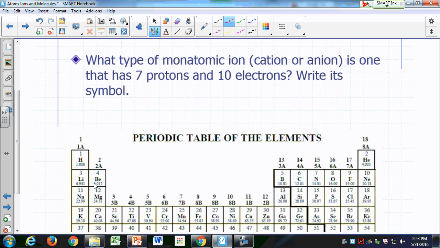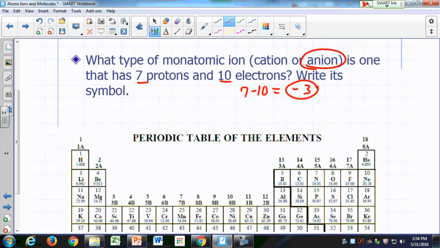So what type of monatomic ion is one that has 7 protons and 10 electrons? It would be an anion because it's negative. So the charge is 7 minus 10, negative 3. So that's your charge, so it would be a negative ion, an anion. What's the symbol?